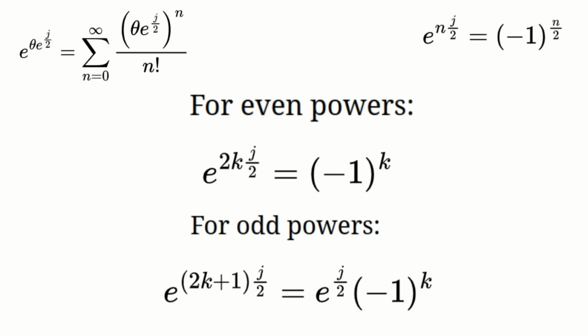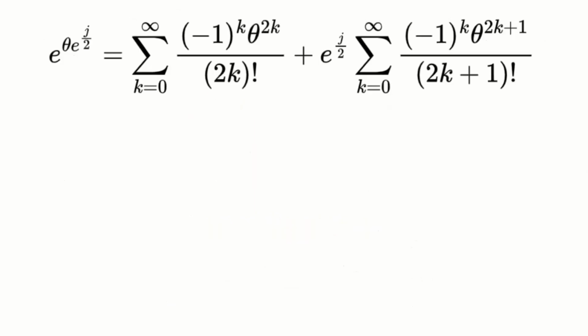Splitting the series into even and odd terms, we get e^(θ) · e^(j/2) is equal to the sum from k equals 0 to infinity of (-1)^k θ^(2k) / (2k)! plus e^(j/2) times the sum from k equals 0 to infinity of (-1)^k θ^(2k+1) / (2k+1)!.